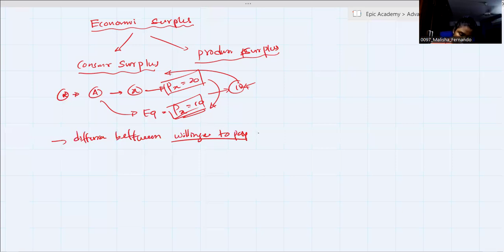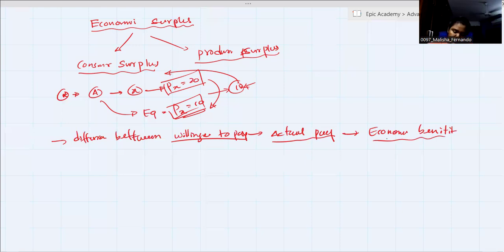That's the meaning of consumer surplus. It is an economic benefit.